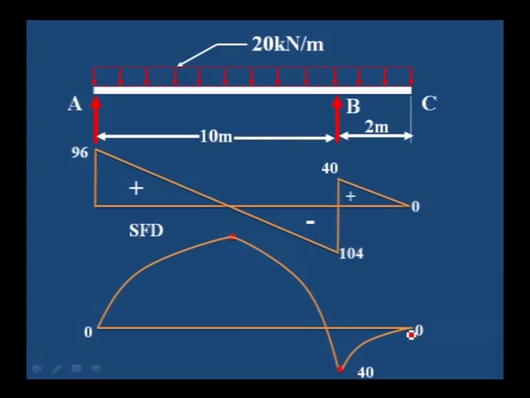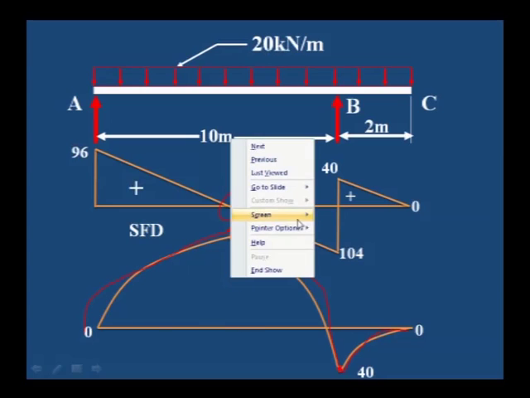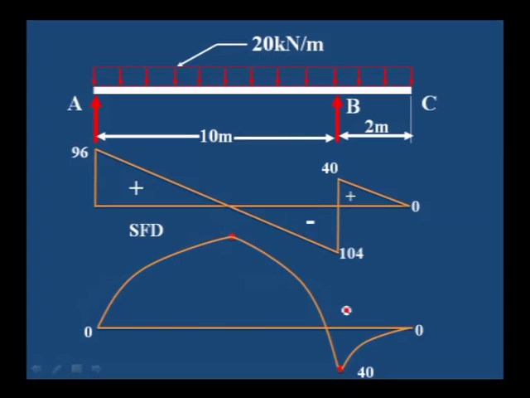You join from 0 to 40, which is parabolic, and this middle portion where shear force changes its sign is not exactly the middle portion. We have to find the distance where it is, and then you join to the A point. The entire line should be parabolic because a uniformly distributed load is acting from A to C.